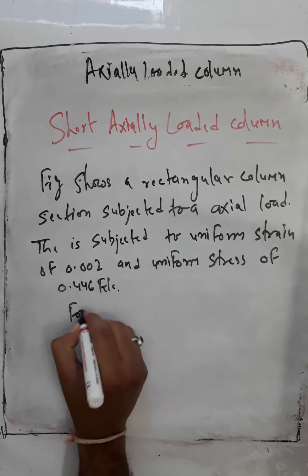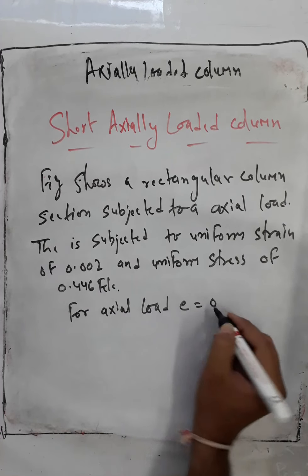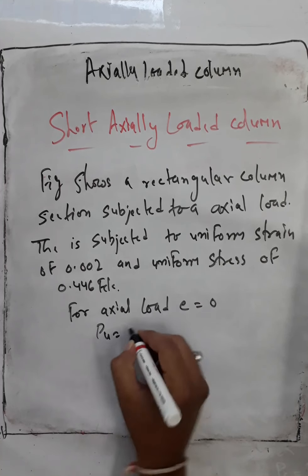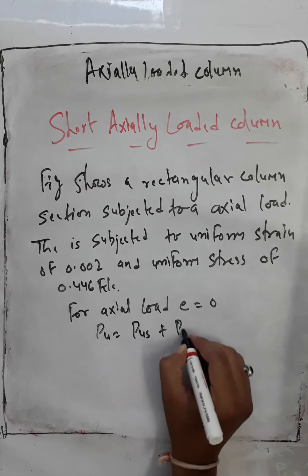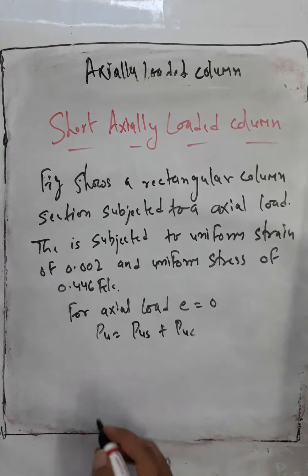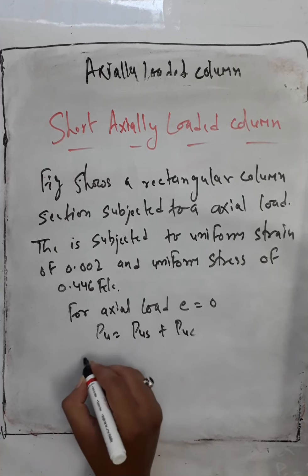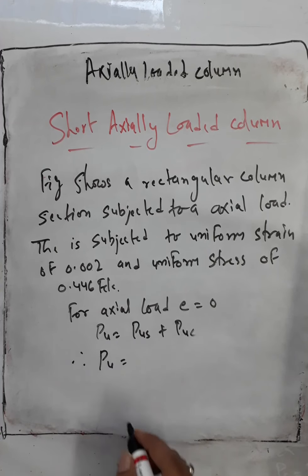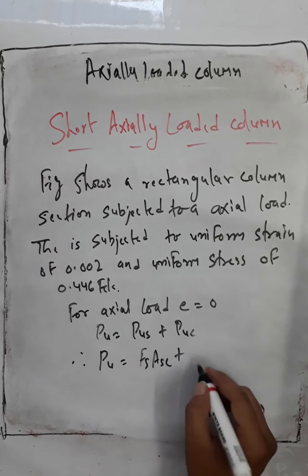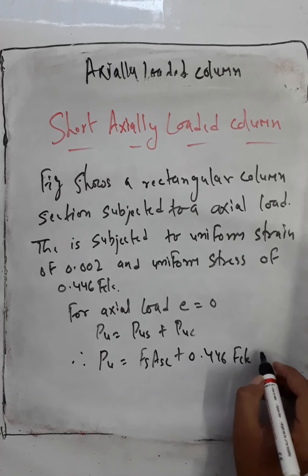So for axial load, eccentricity is equal to 0, and Pu is equal to Pus plus Puc. This is for steel and this is for concrete: load for steel and load for concrete. So we say that Pu is equal to Fs Asc plus 0.446 fck Ac.